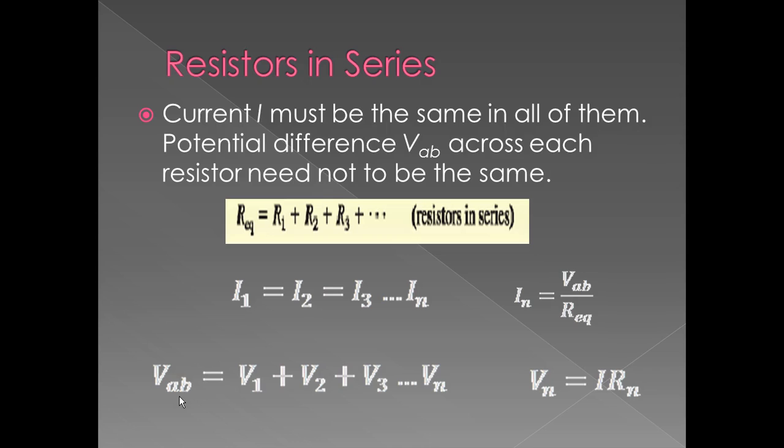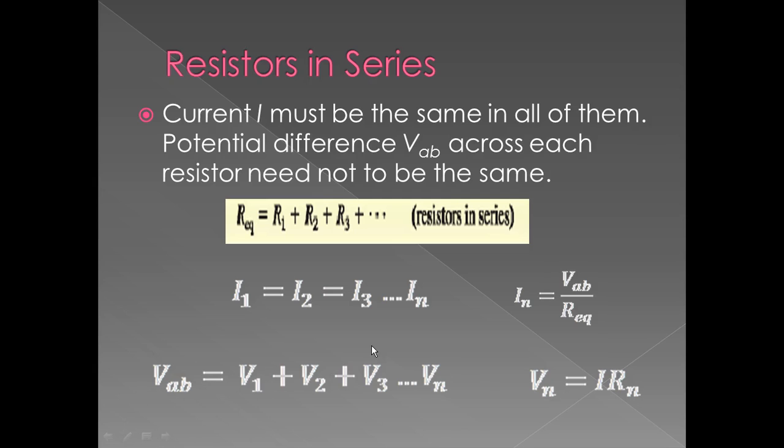Now, since V sub 1 is given by Ohm's law as I sub 1 R sub 1, V sub 2 is equal to I sub 2 R sub 2, V sub 3 is I sub 3 R sub 3, and I serves as the common current, we could factor out the common current and divide both sides by it, so that we have V sub AB over I total.